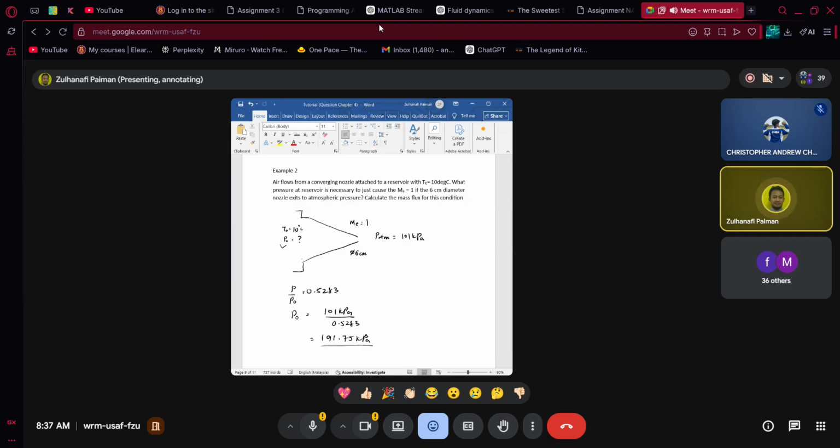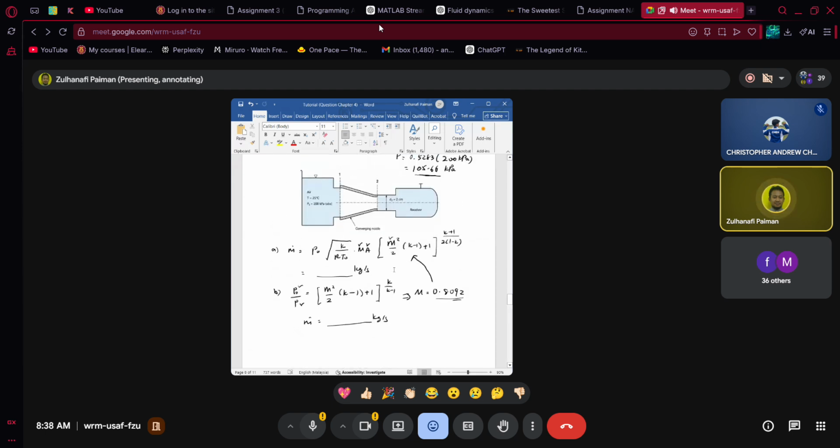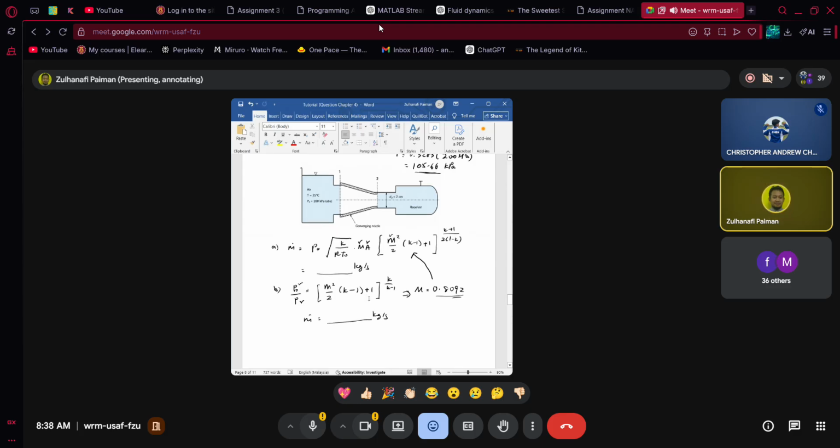Now once you have determined the P naught, you can simply calculate the mass flux. You can use this equation again, where the Mach number is equal to 1, the area you know, and so on. You already determined the P naught.